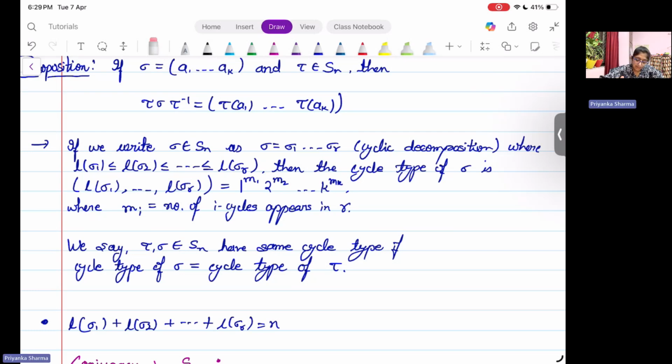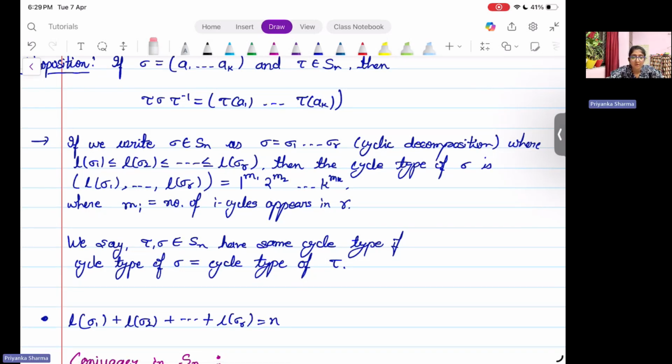This can be written in this form also: 1 to the power m1, 2 to the power m2, multiplied by up to k to the power mk. Here, mi is the number of i-cycles that appear in sigma.